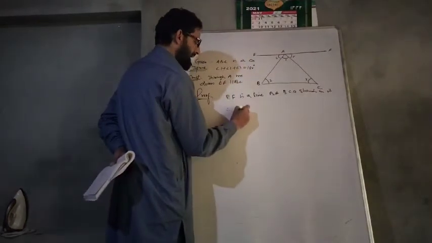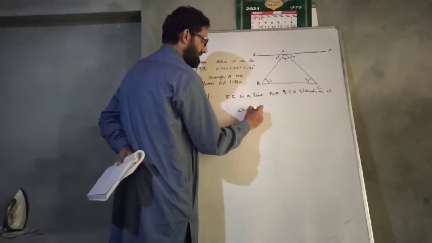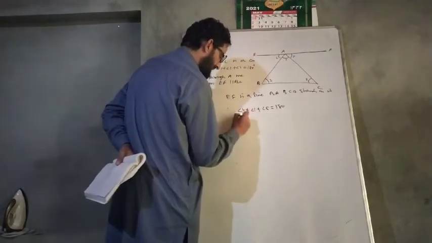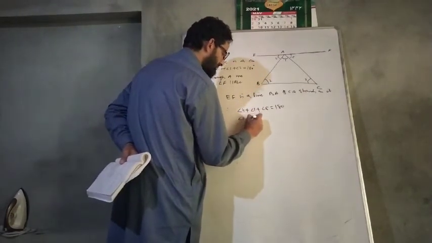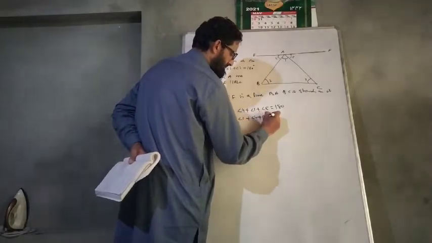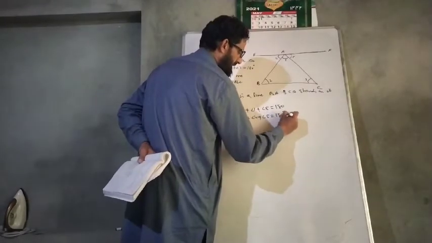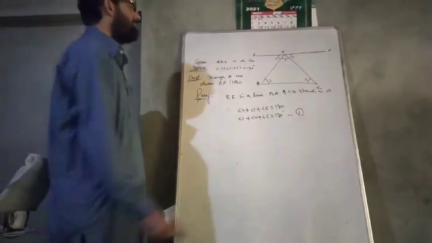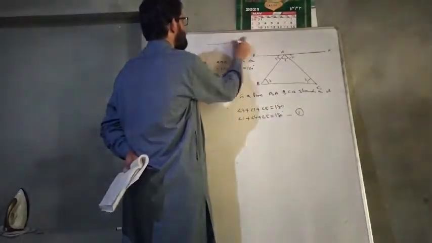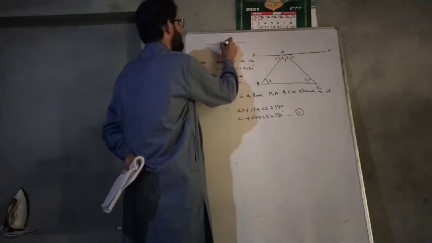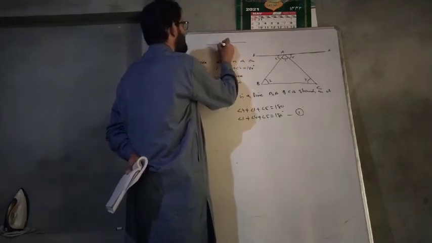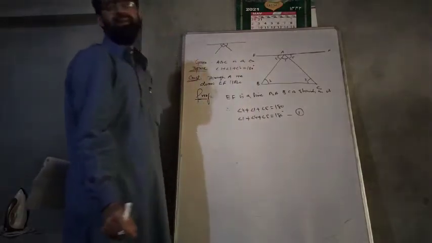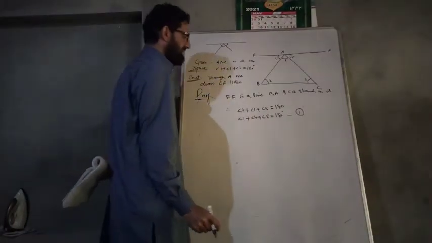Therefore, angle 4 plus angle 1 plus angle 5 is equal to 180, or we can write angle 1 plus angle 4 plus angle 5 is equal to 180. Name this equation first. This is a line segment, and two rays stand on it. Therefore, this angle plus this angle plus this angle is equal to 180. So this is very obvious.